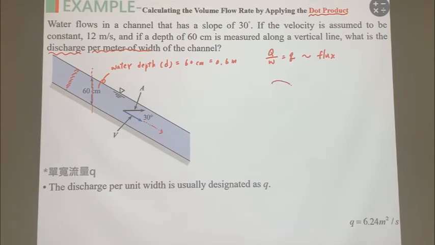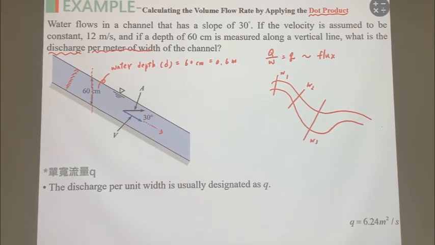Why? Because usually we know that this is the river, and the width of the river may change a lot, right? Because this is width 1, and this is width 2, and this is another width 3.